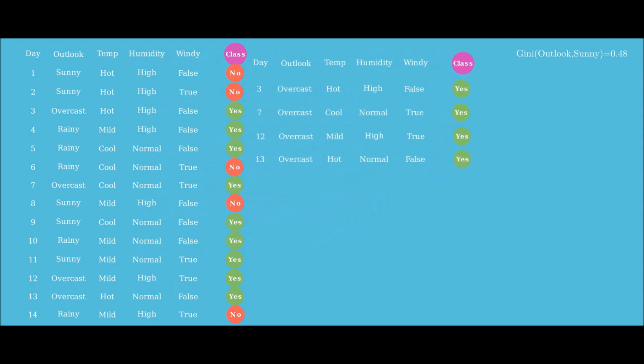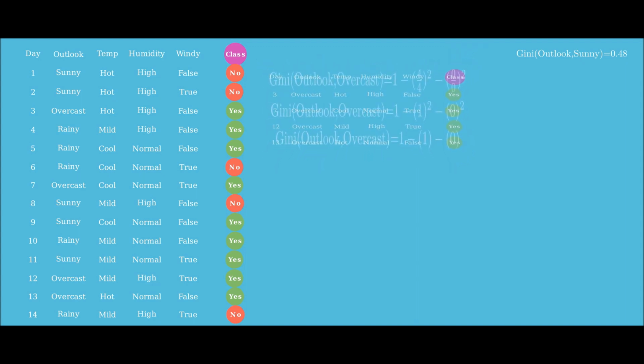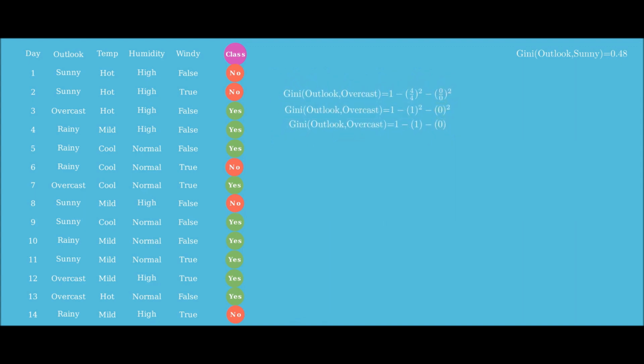You can see that there are 4 instances of overcast, and all are yes. So if all are yes, the Gini index would be 0.